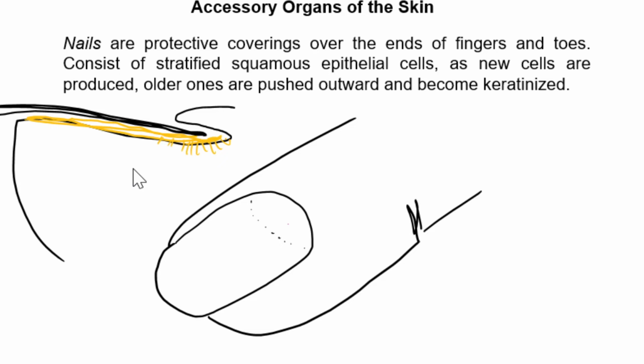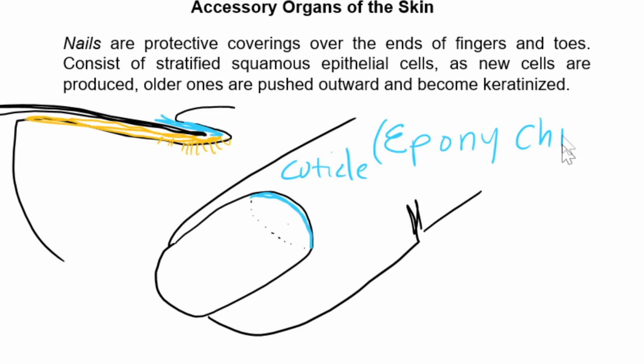The fingernail is basically keratinized tissue. It's like skin, but just really, really hard. This section right here would be the cuticle. If you want the old term, it's eponychium. Here's the nail itself. And the free edge of the nail is out here.